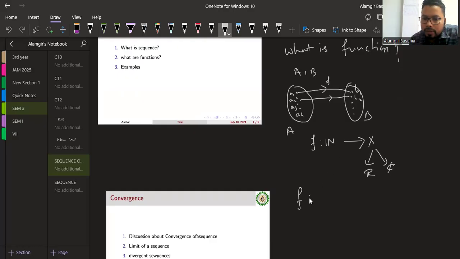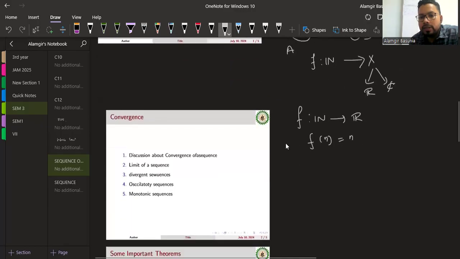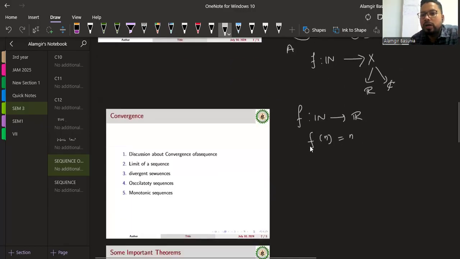Now we can give examples of functions whose domain is the set of natural numbers. Suppose f from N to R and f(n) is equal to n. That means 1 goes to 1, 2 goes to 2, 3 goes to 3; that is, x goes to x. Then this is a function.